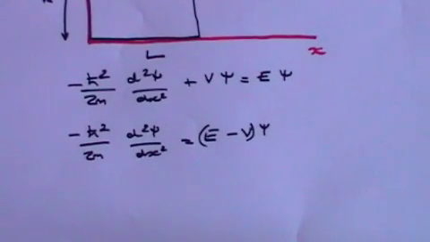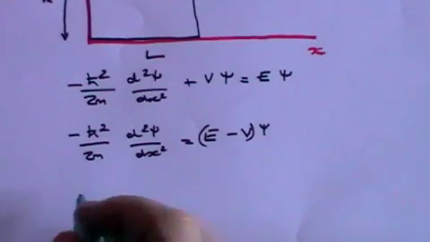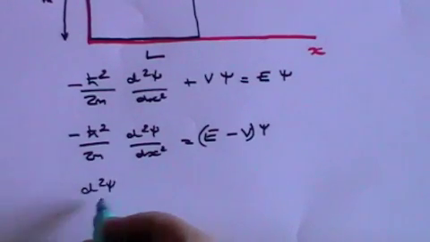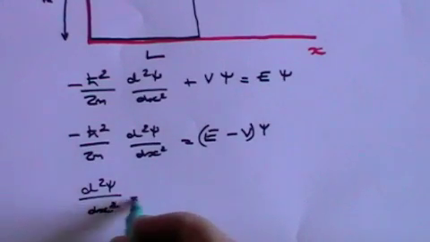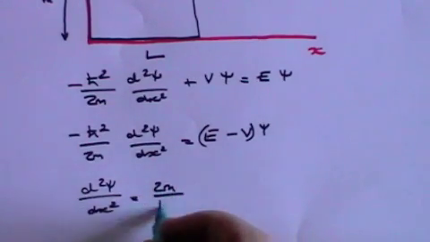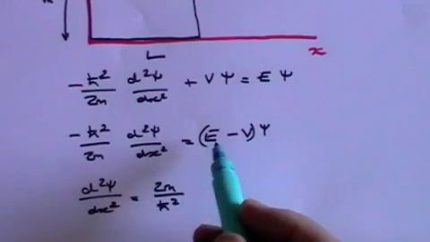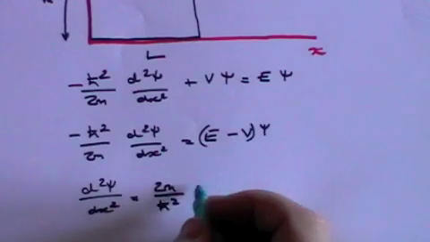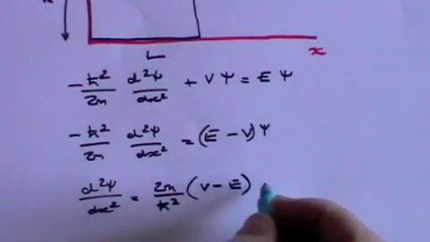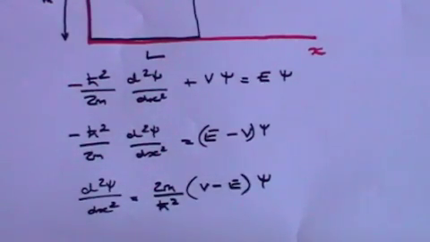If we multiply through by minus 2m over h bar squared, we get d2 psi over dx squared equals 2m over h bar squared, and then for the minus we simply reverse this and it becomes (V minus E) times psi.